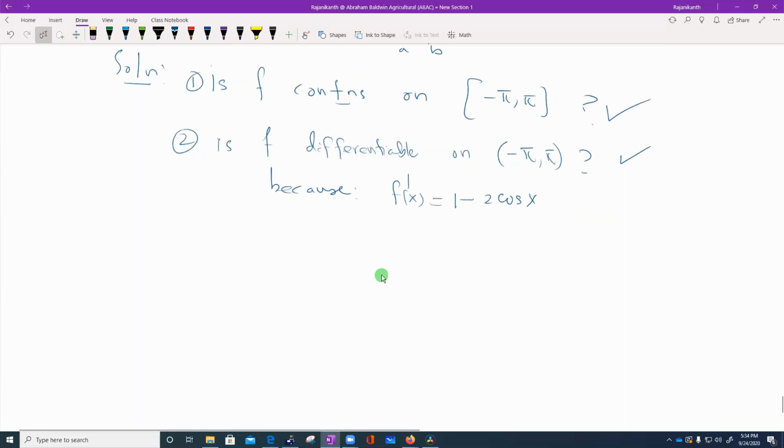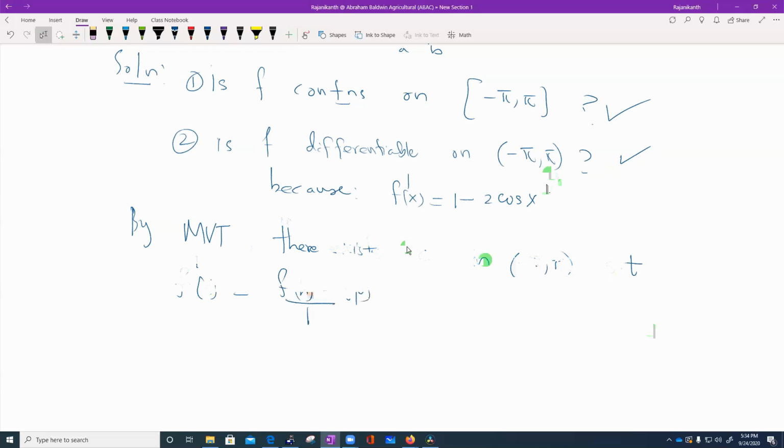So what is our task? Our task is to find, by the mean value theorem, we use the short form MVT, by MVT we could find there exists at least one C in the given interval such that the derivative evaluated at that point C is equal to f of b minus f of a over b minus a.